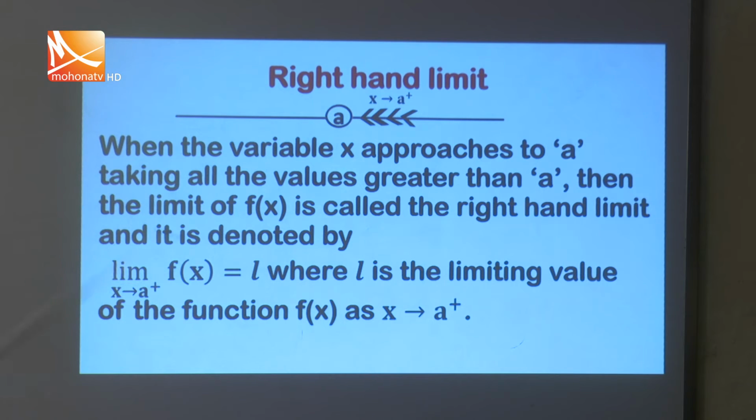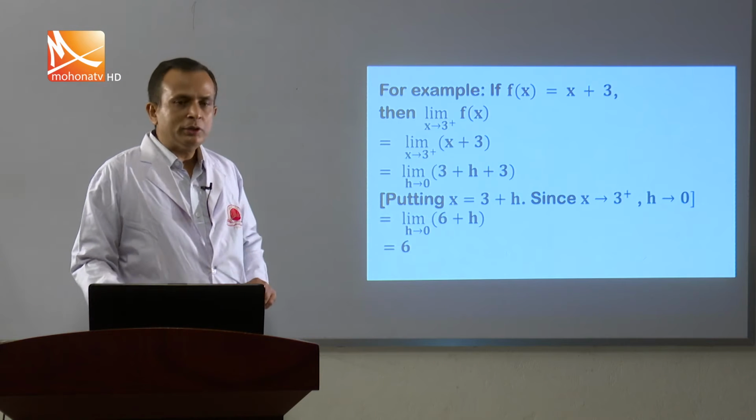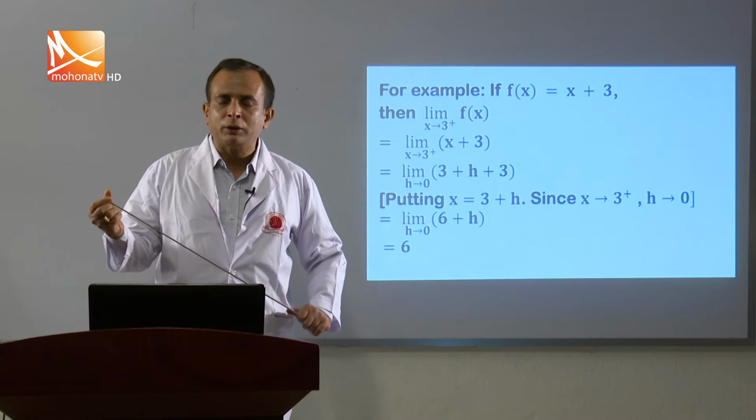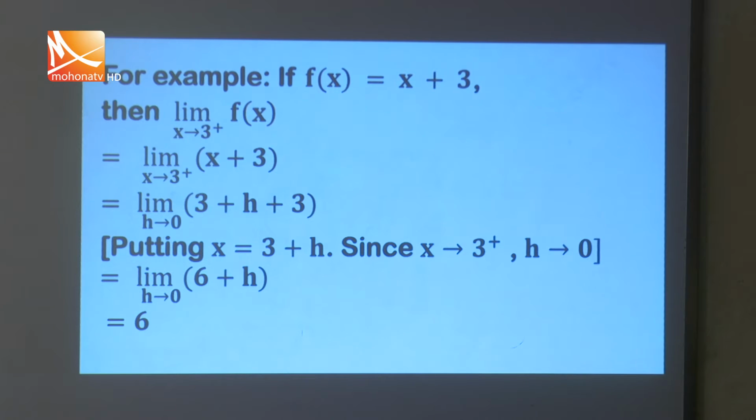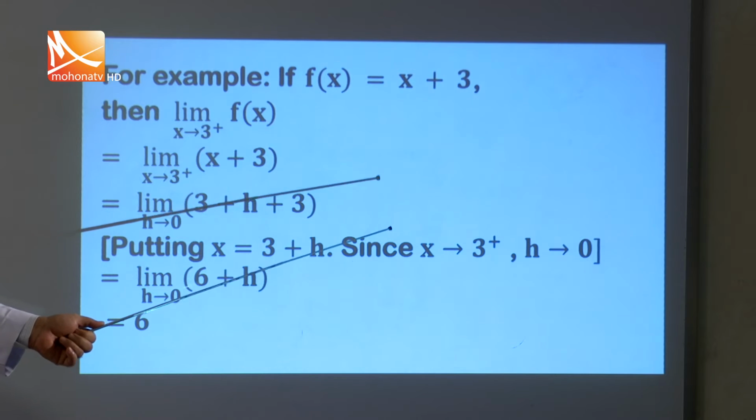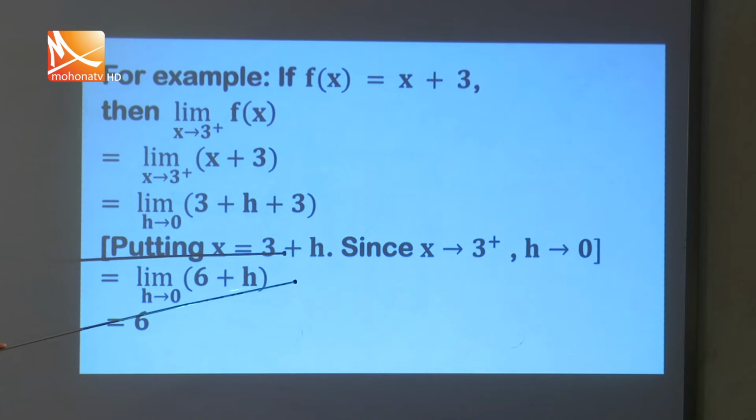Okay, my dear student, now we are going to see an example of right hand limit. You just see that for an example, f of x equals x plus 3, then limit x tends to 3 plus f of x. If we put x equals 3 plus h, since x tends to 3 plus, it will be h tends to 0, where h is greater than 0.